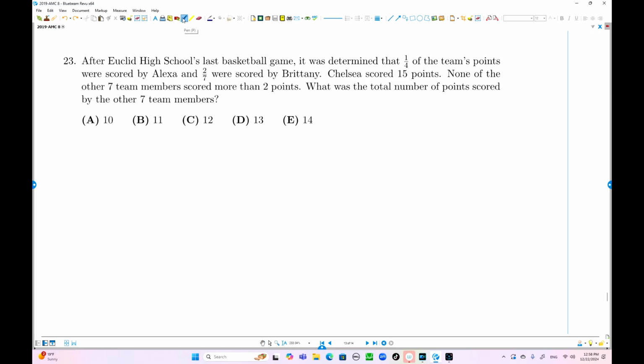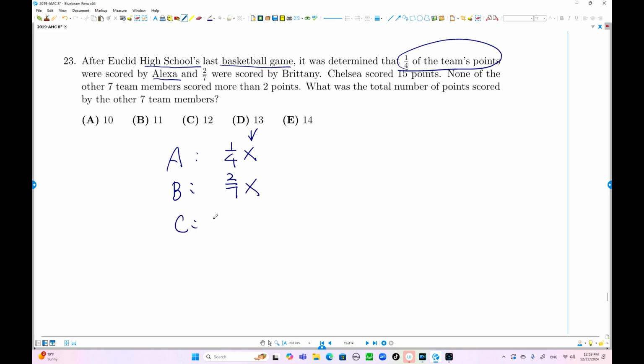So number 27, we have a school basketball team, and Alex scored 1/4 of the team's points. So Alex is 1/4 of x. Okay, that is the total number of points. And Brittany is 2/7 x, and Sales is 15 points.